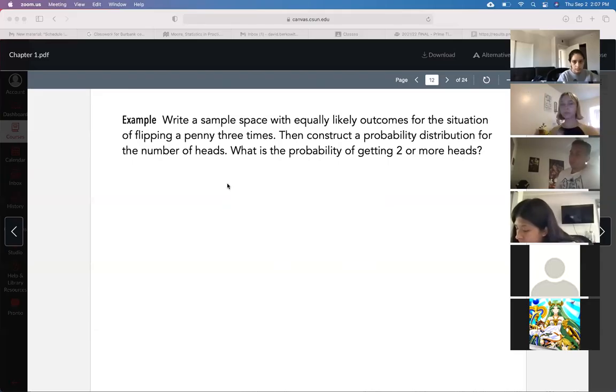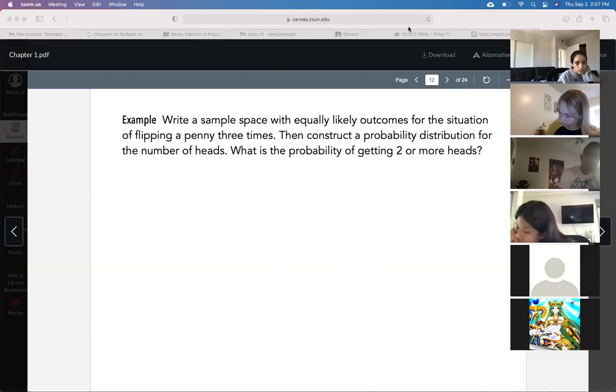A sample space is a collection of each possible outcome. But in this particular example, it has to be equally likely outcomes. So if I do 0 heads, 1 heads, 2 heads, and 3 heads, that is a perfectly valid sample space, but unfortunately, it's not one associated with equally likely outcomes. So I want one with equally likely outcomes.